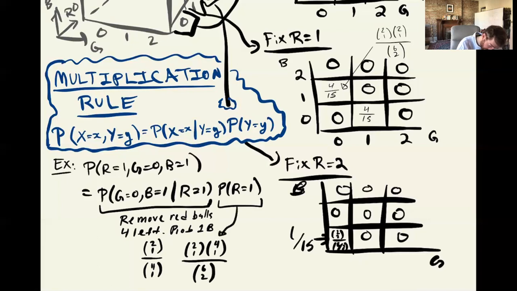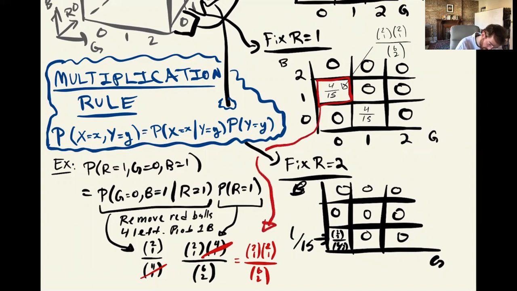But notice we've got some nice cancellations. And indeed, we end up getting the answer we expected, which is 2 choose 1 times 2 choose 1, divided by 6 choose 2. That agrees with R equals 1, B equals 1. That's exactly this right here. That's another way of calculating that.